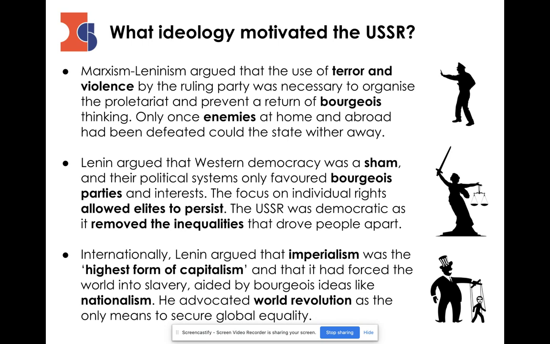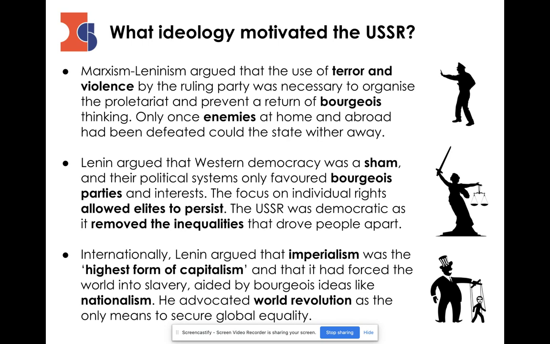That wasn't really democracy if it was shaped and controlled by those who had wealth and power. And Lenin would argue that Soviet Russia was even more democratic than the West because although they don't have free elections, they removed the inequalities that drove people apart. If everyone is equal, then why would you need to vote for other parties? That's what he would argue.